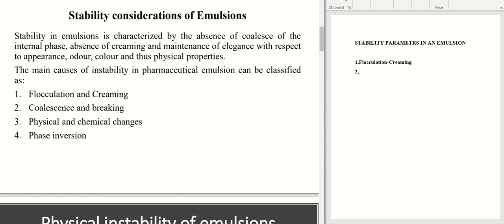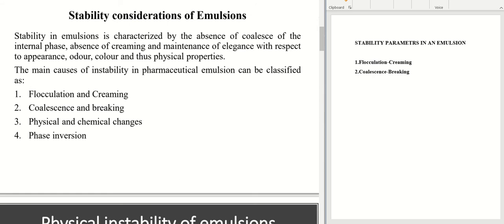The second one, coalescence and breaking. Now, if the flocculation is left unattended, if we, being pharmacists, are not able to encounter this flocculation problem, this results in the complete separation of phases.